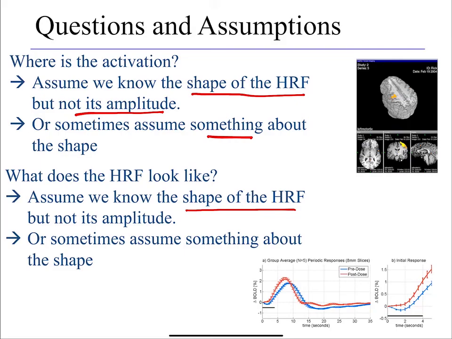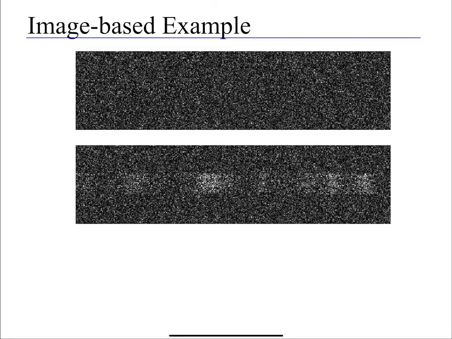Because the betas that you're trying to estimate are different, and it's going to give you different answers for what's the best design. So I'm going to give you an image-based example, and then I'll tell you the answer. I think we can do this in a short amount of time. There's an image of something in there. Can anyone see it?